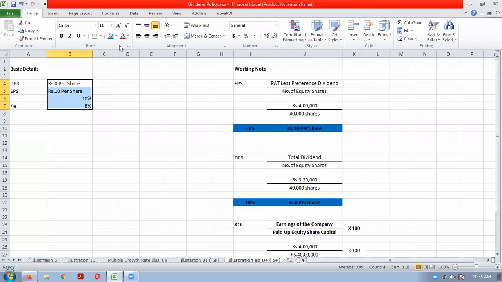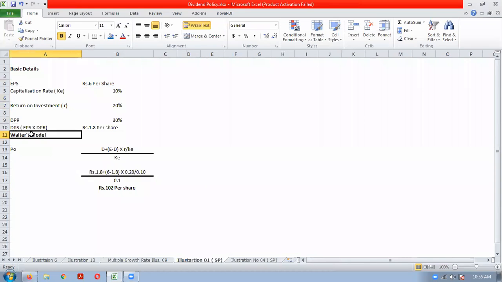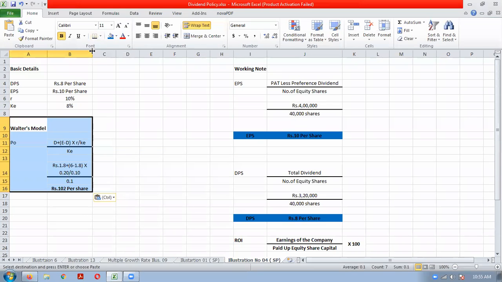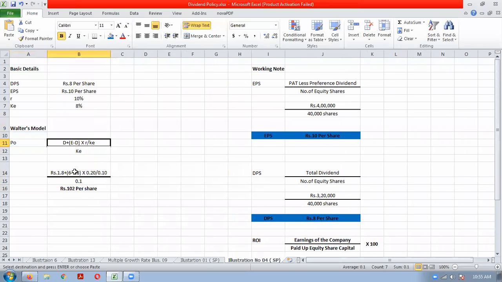Now we can calculate the Gordon model P0. How will we calculate? Use this formula and find out the price as per Gordon model.